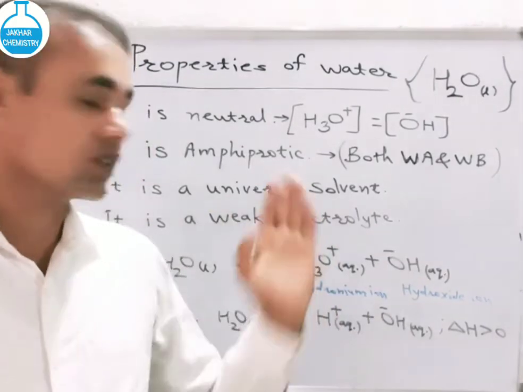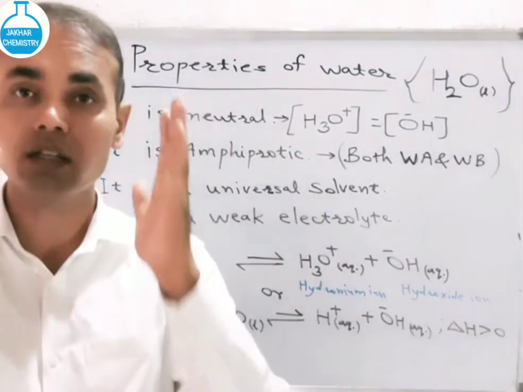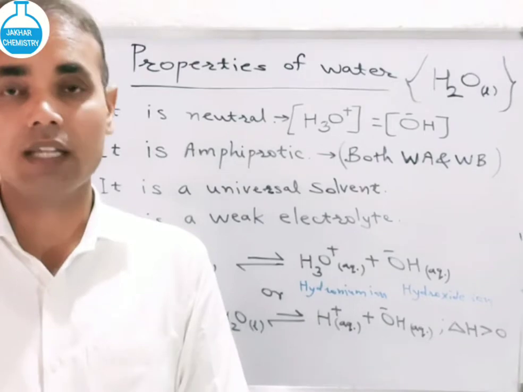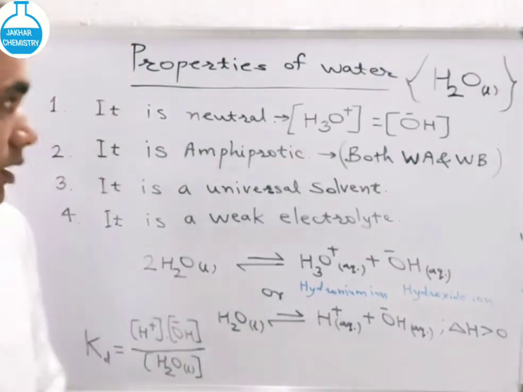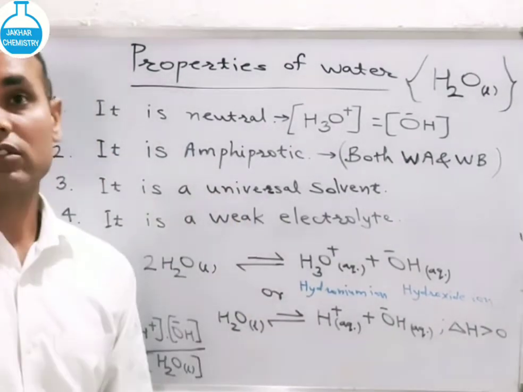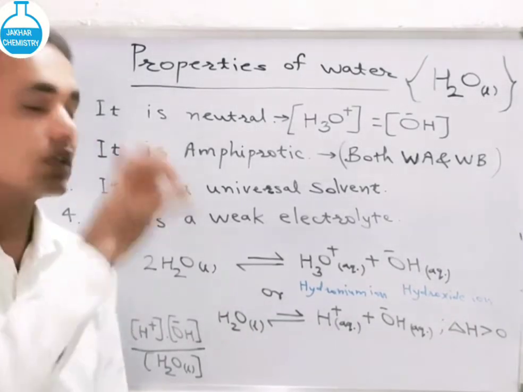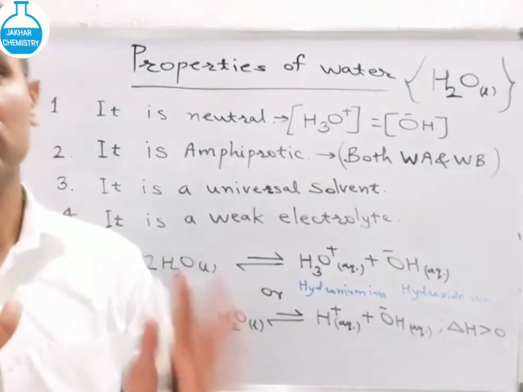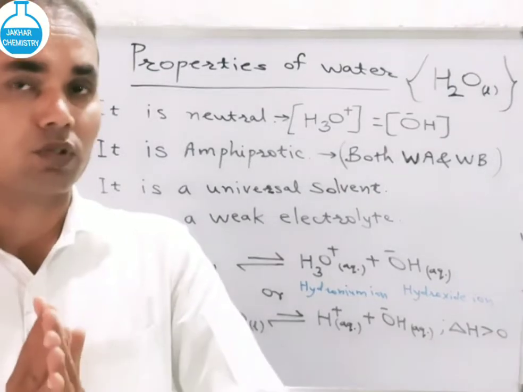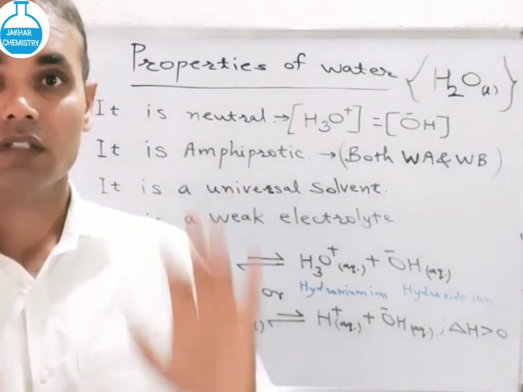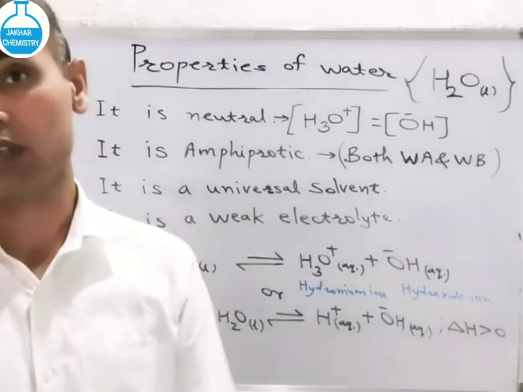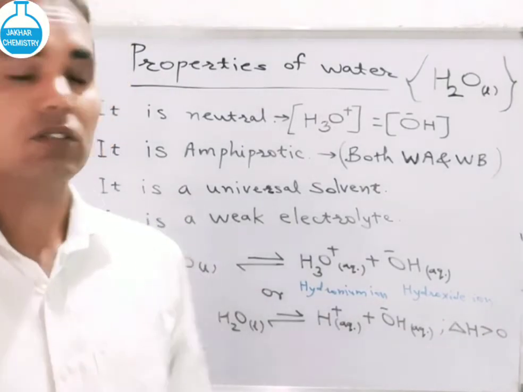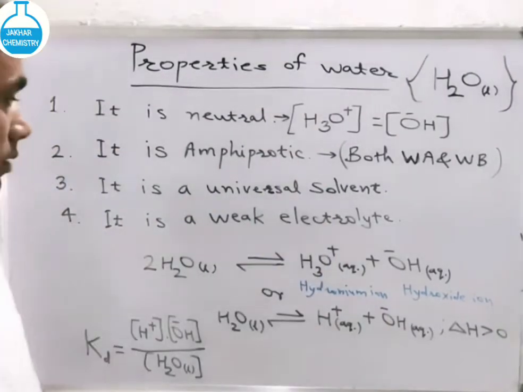And the reason for this is its high value of dielectric constant. The dielectric constant of any solvent is a measure of the power of the solvent to dissolve things. So water has a high power to dissolve anything, so it is known as a universal solvent.